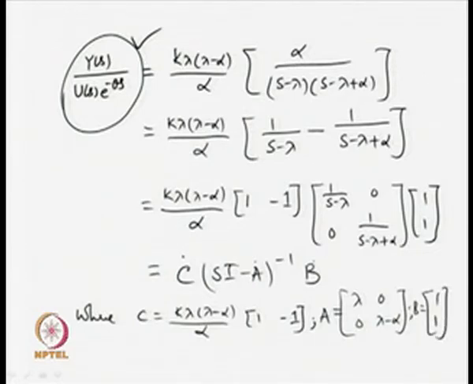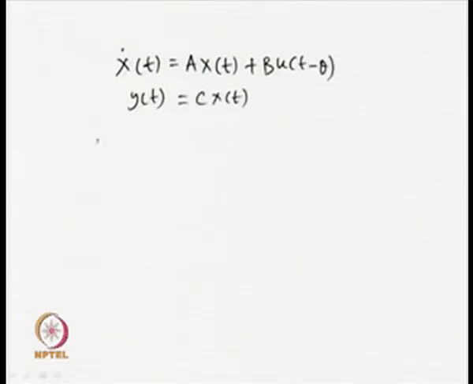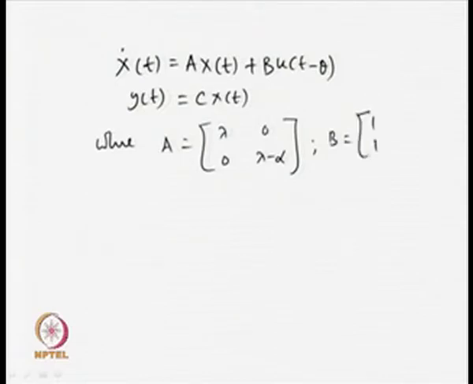Thus, we have got a state space representation of the dynamic second order plus dead time model with pole multiplicity, where there are two poles, given by a state equation x dot(t) equal to A x(t) plus B u(t minus theta), y(t) equal to C x(t), where A is found to be [lambda 0; 0 lambda minus alpha], B is [1 1], whereas C is given as k lambda minus alpha upon alpha times [1 minus 1].